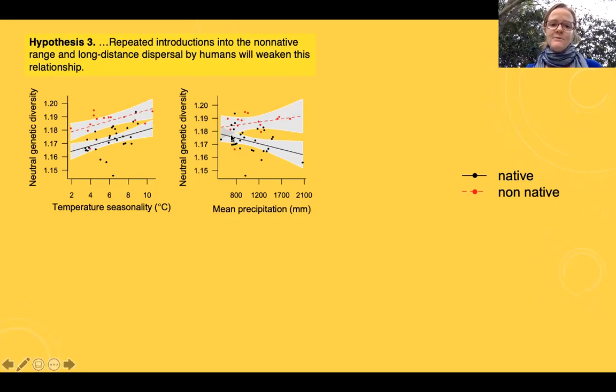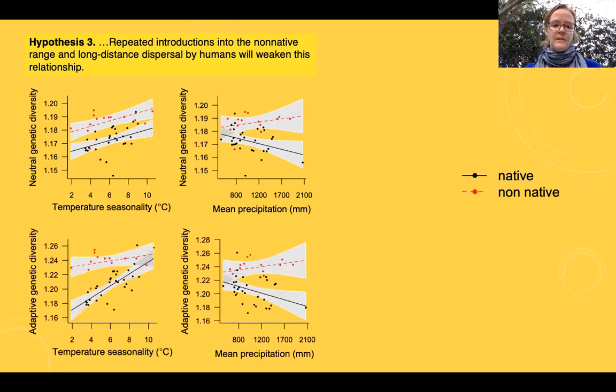And in the native range, we saw a negative relationship between precipitation and genetic diversity, so wetter sites having lower genetic diversity, but no effect in the non-native range. So there's something going on here with neutral genetic diversity. We see that pattern in the native range, but not the non-native range.